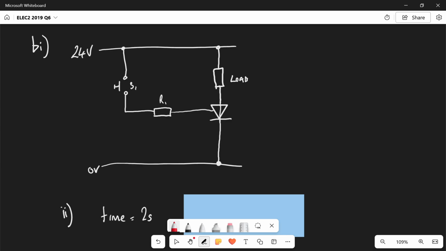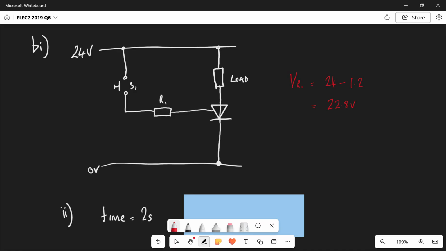But before we can do that, we also need to realize that the voltage across that resistor is impacted by that minimum gate voltage. So the actual voltage across the resistor VR1 is going to be 24 minus the 1.2 required to switch on the thyristor. So in reality we've only got 22.8 volts across the resistor.